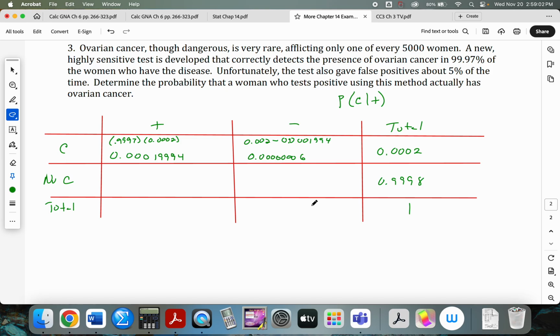Then it says, unfortunately, it also gives 5% false positives. So that's no cancer, but a positive. So 5% of the people who don't have cancer are going to get a positive test here. So this is going to be 0.05 times the 0.9998. And that comes out to be 0.04999.